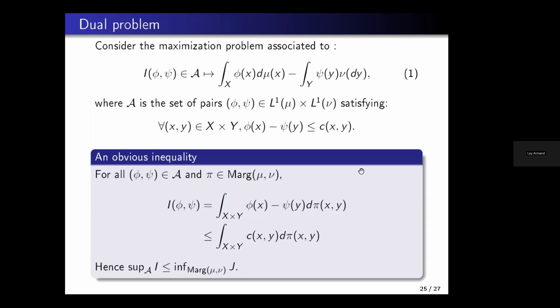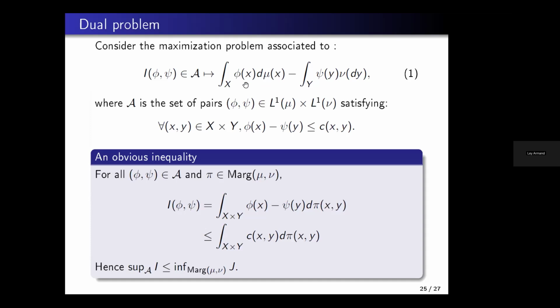I will just say two words about duality, the dual problem, really quick, less than 5 minutes, I promise. So you have the primal problem, which is the Monge-Kantorovich problem, and to this primal problem you can associate a dual problem, like often in convex analysis.